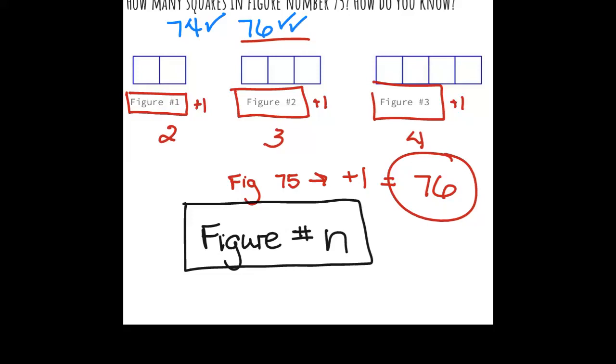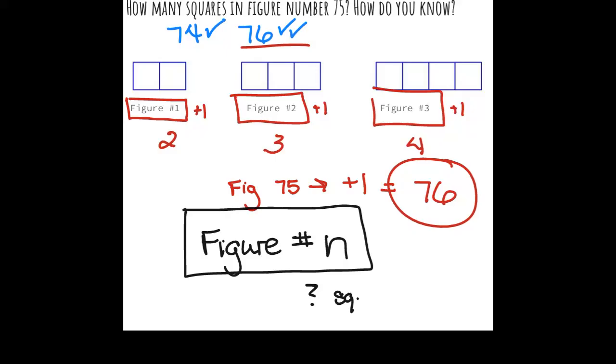Figure n, how many squares would be in figure n? Don't answer yet. According to this pattern, what would be the number of squares for figure number n? Raise your hand if you think you have an answer.